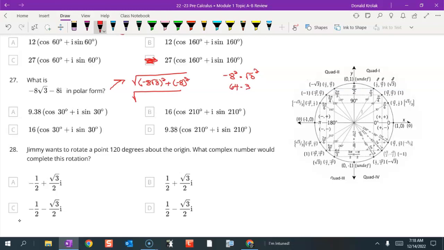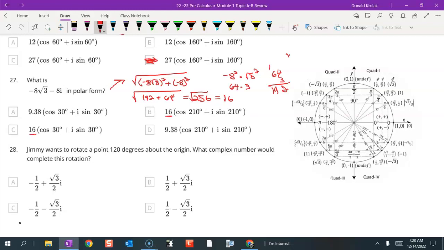All right, so that's going to be 3, 12, carry the 1, 18, 192. And then I'm going to add negative 8 squared, which is 64. And then I add those two up. Okay, so my modulus is 16. So it can either be, in this case, choice B or choice C.